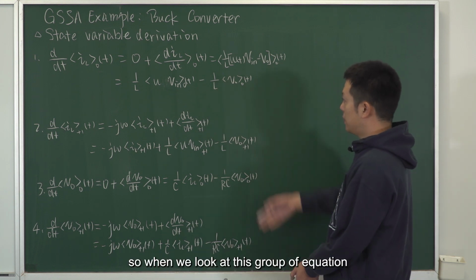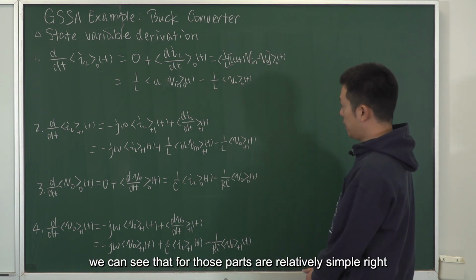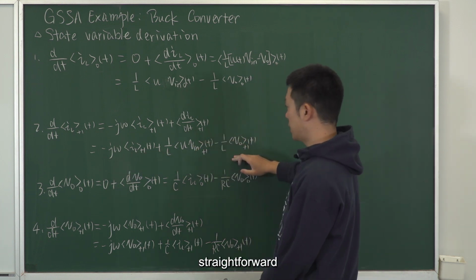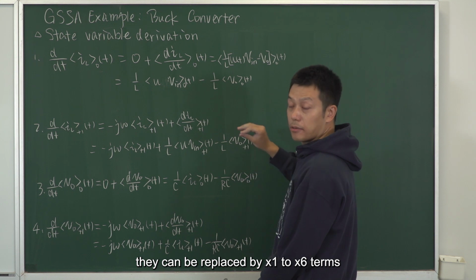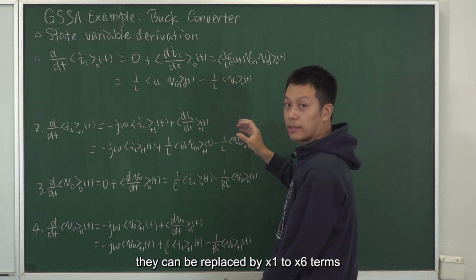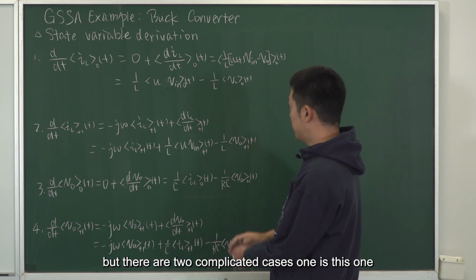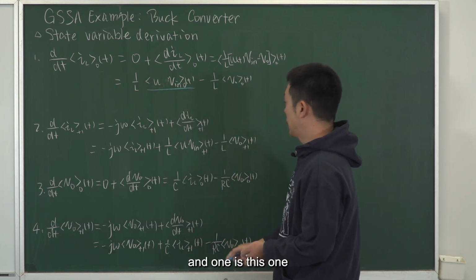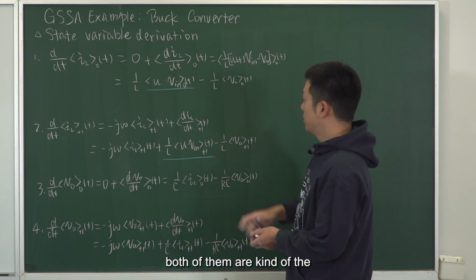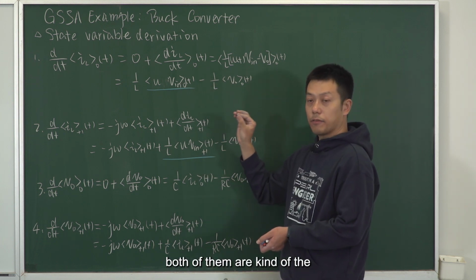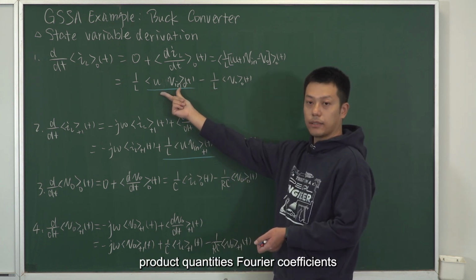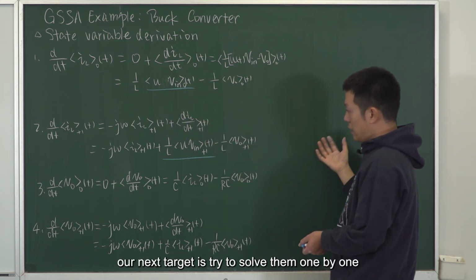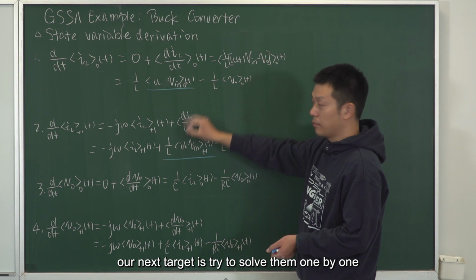So when we look at this group of equations, we can see that those parts are relatively simple and straightforward. They can be replaced by x1 to x6 terms. But there are two complicated cases. One is this one, and one is this one. Both of them are product quantities' Fourier coefficients. So our next target is to solve them one by one.